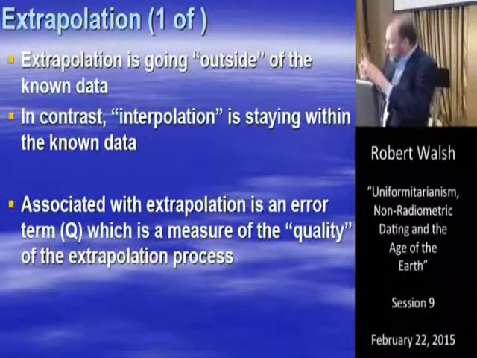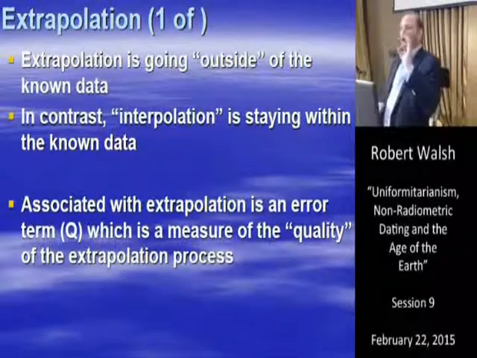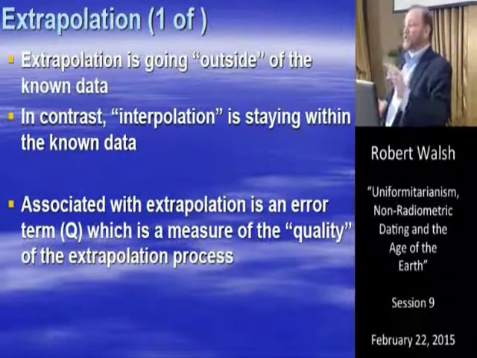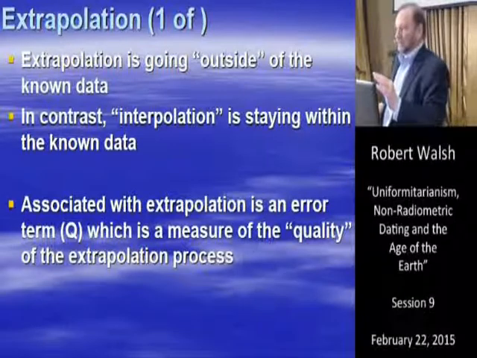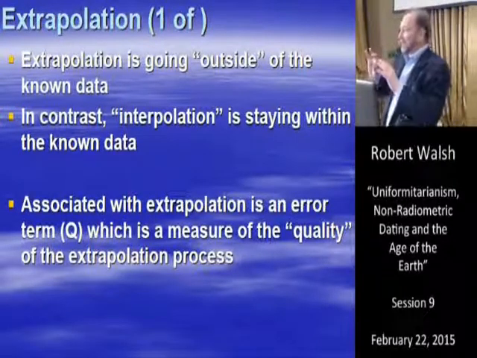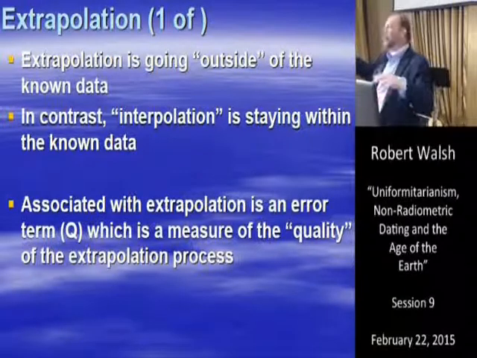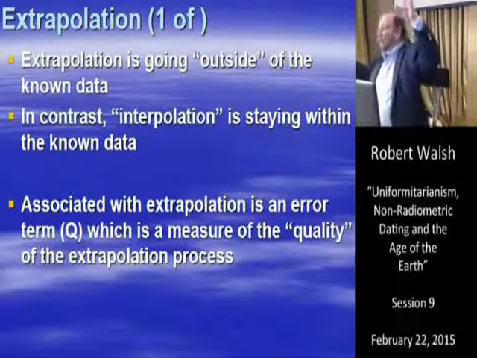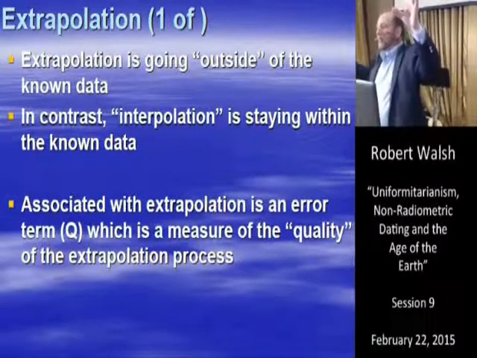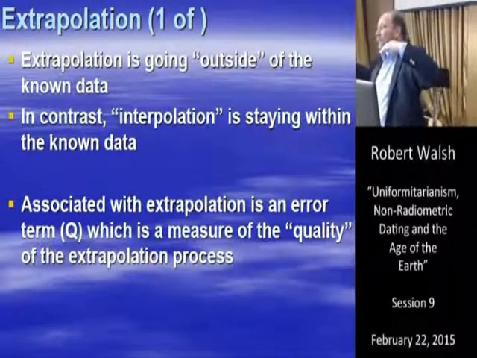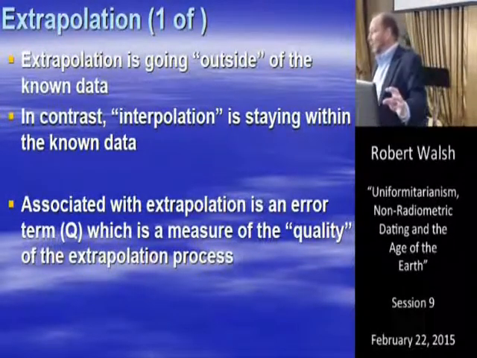So with that extrapolation process, there's an error term that I must show is bounded. As I'm extrapolating further and further back, if my Q term, my error term, starts to explode, I know that it's not bounded, and I know that my model is absolutely terrible and I should reject it.